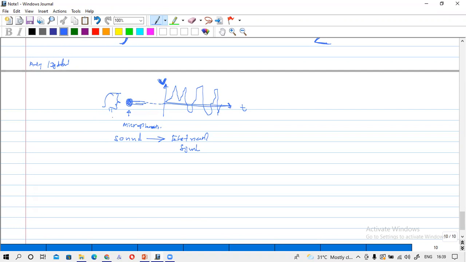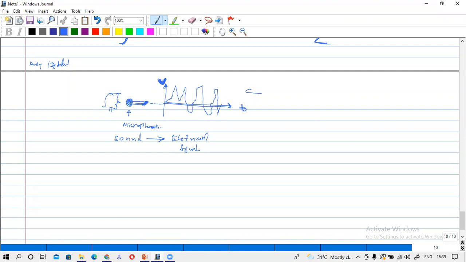So you can see that we are talking, and then this voltage will change according to time. We will get this kind of signal at the output of the microphone.